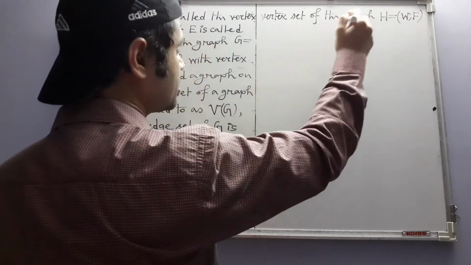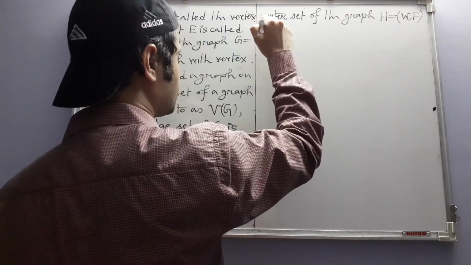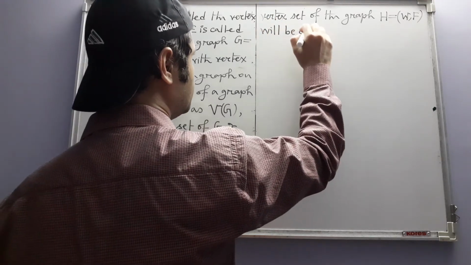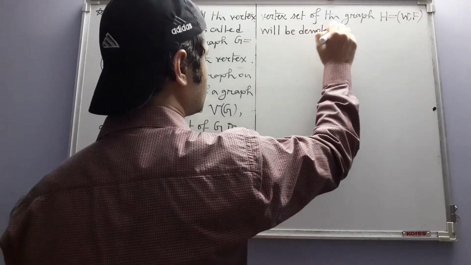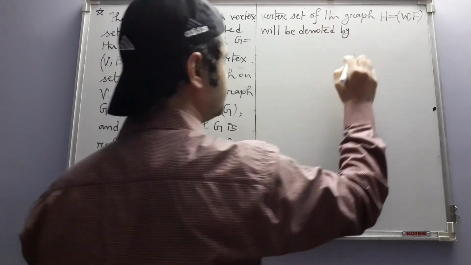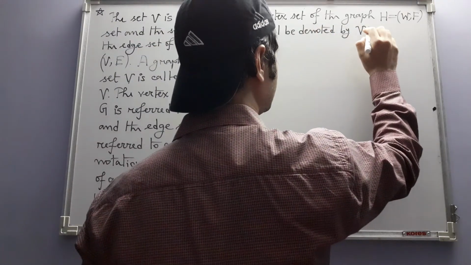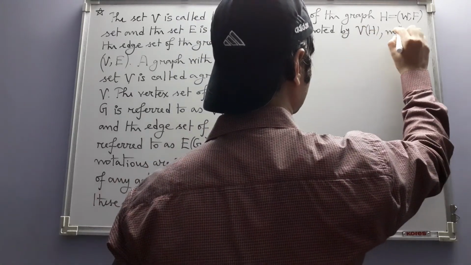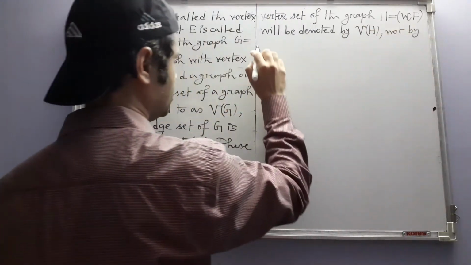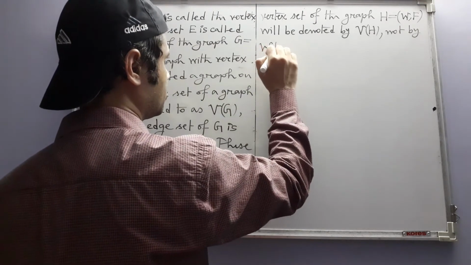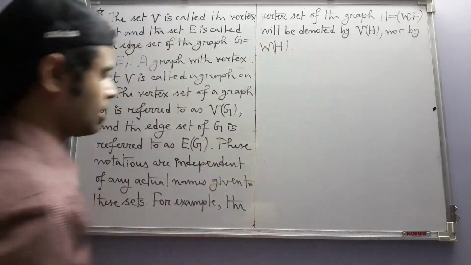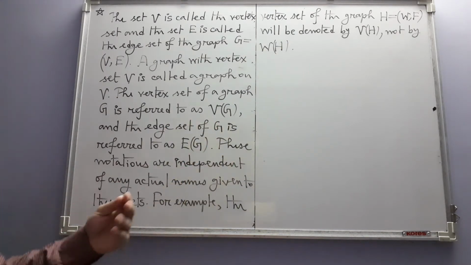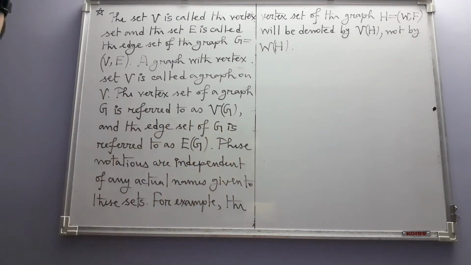So the vertex set of this graph will be denoted by V of H, not by W of H. That's what we are saying, that this notation is independent of the names of the vertex and edge sets.